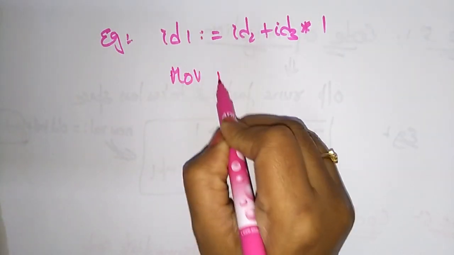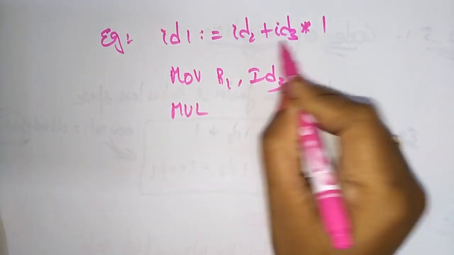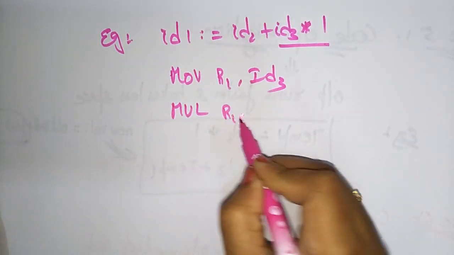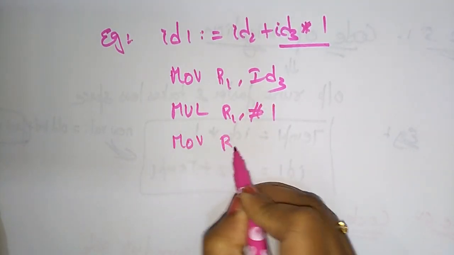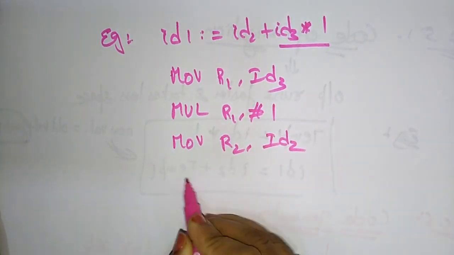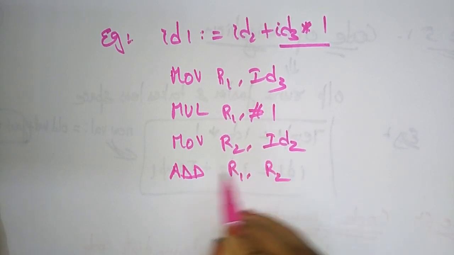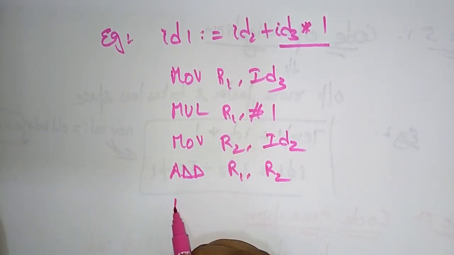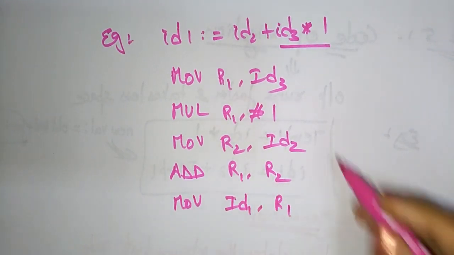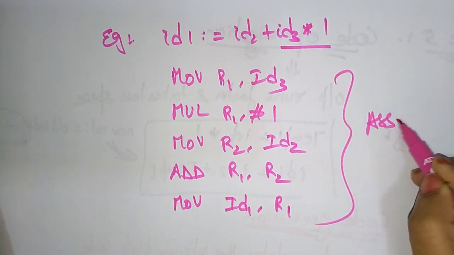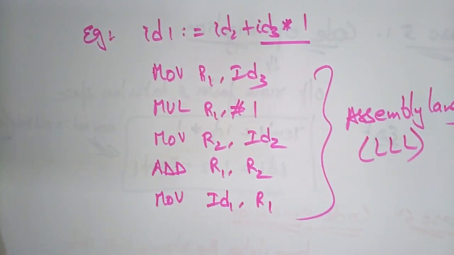That is: move R1 comma ID3, multiply R1 with immediate value 1, then move R2 comma ID2, after that add R1 comma R2, and finally move the result into ID1 comma R1. So this is assembly level language.